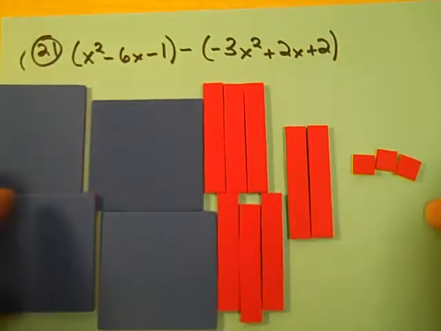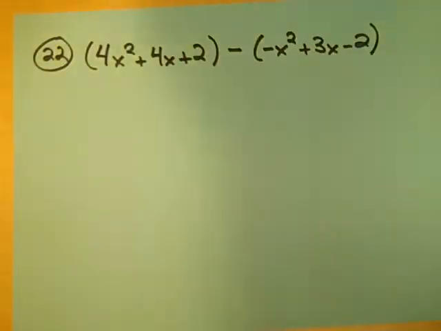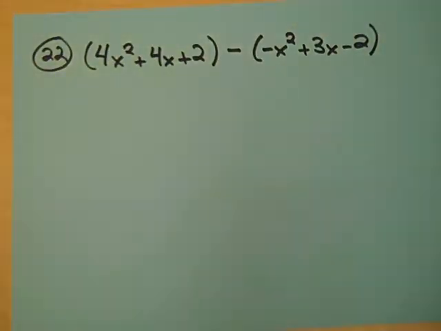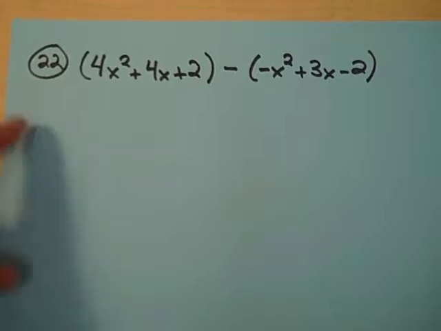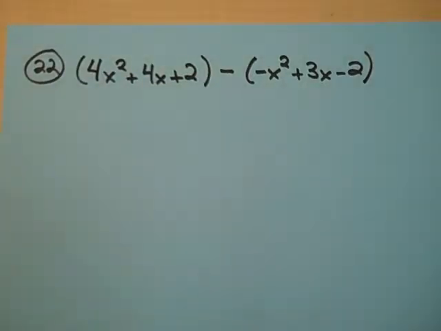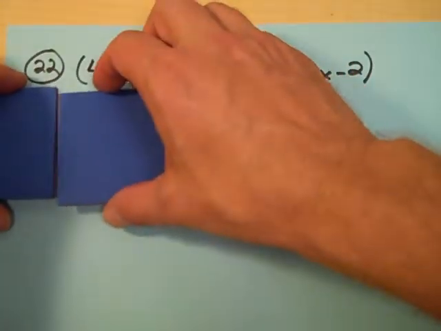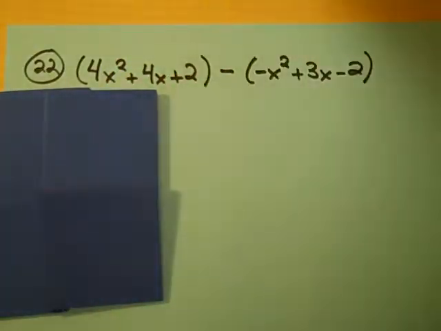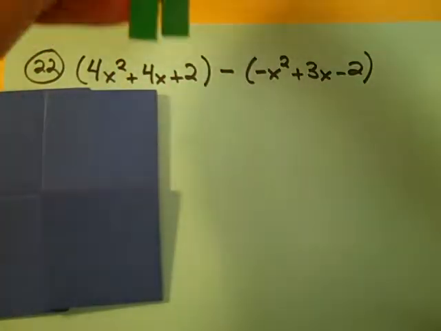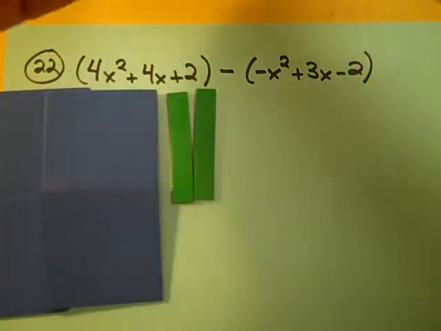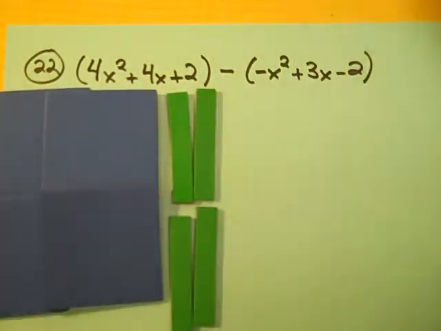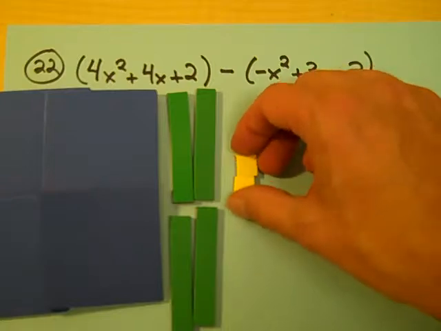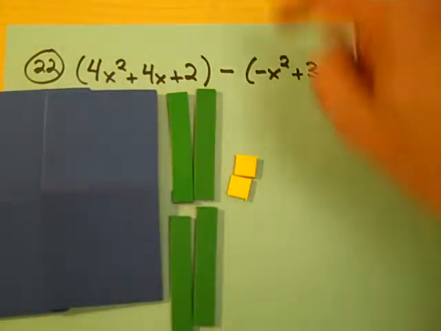Okay. Let's go on to number 22, which happens to be the next one that we see here. Wow, who'd have known? 4x squared. Okay, so we're going to put in our 4x squared using our big squares plus 4x. That's going to be my green rectangles. Plus 2, that's going to be my yellow squares, paying no attention to the subtraction sign.